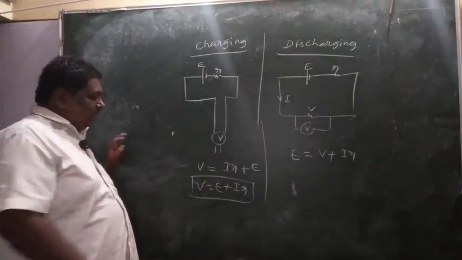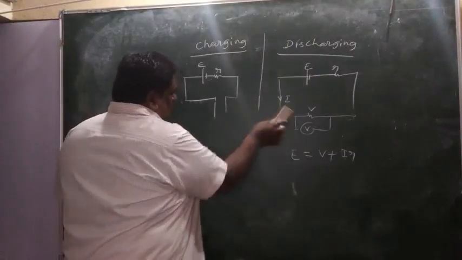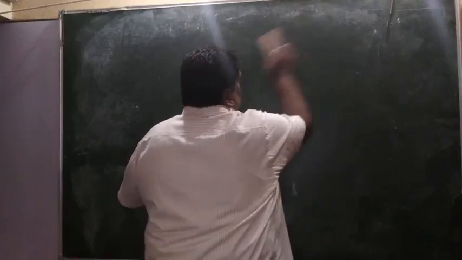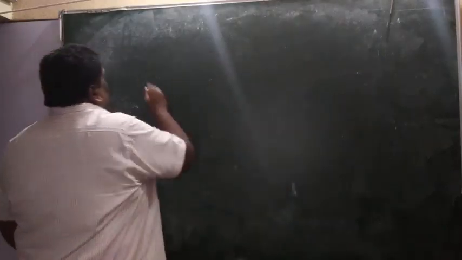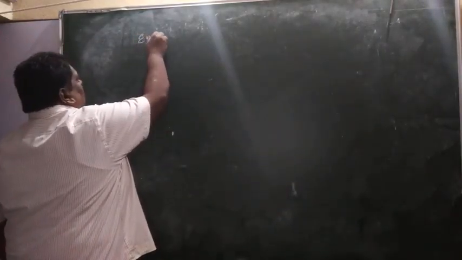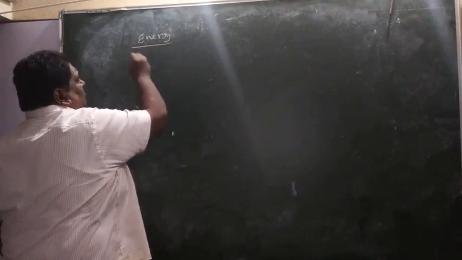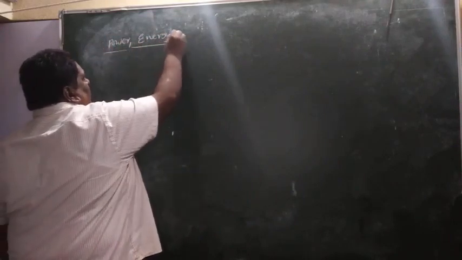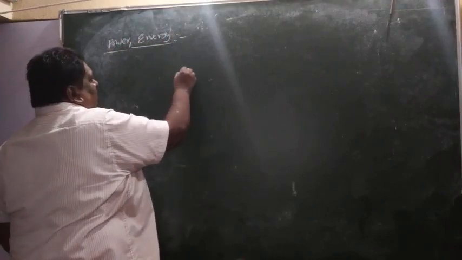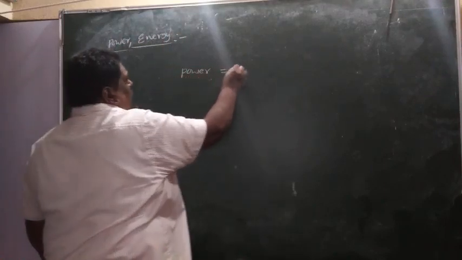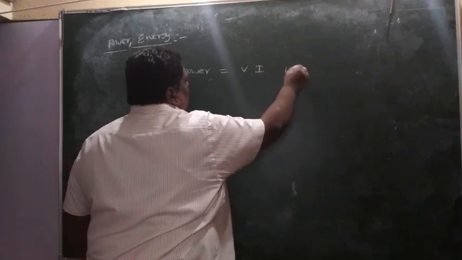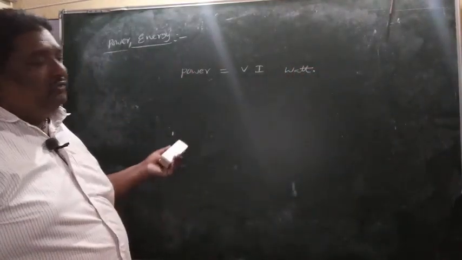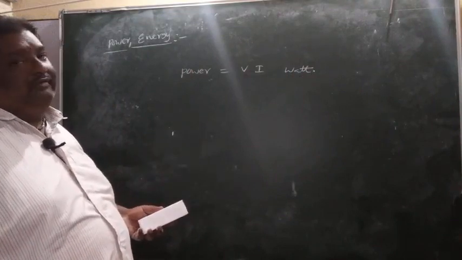Right, next. What is energy, power, etc.? Power means voltage into current. Its unit is watt.